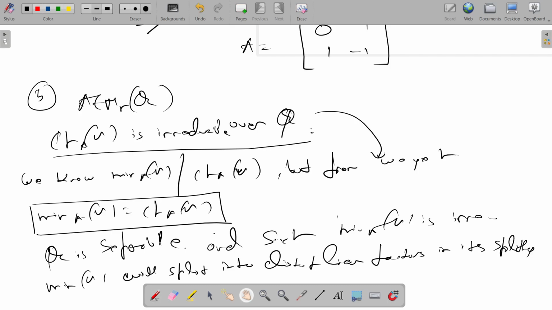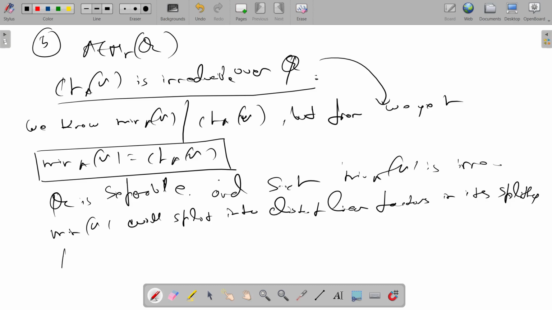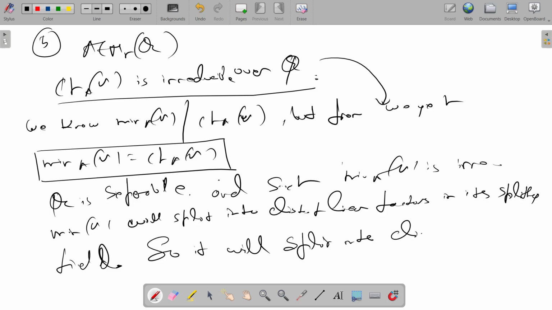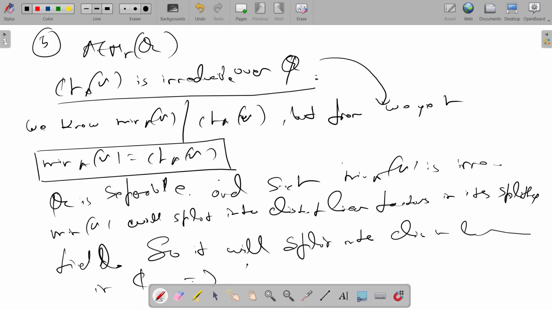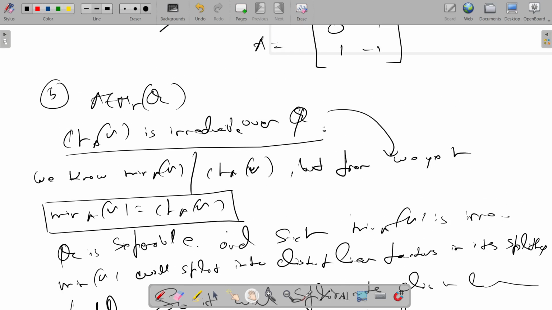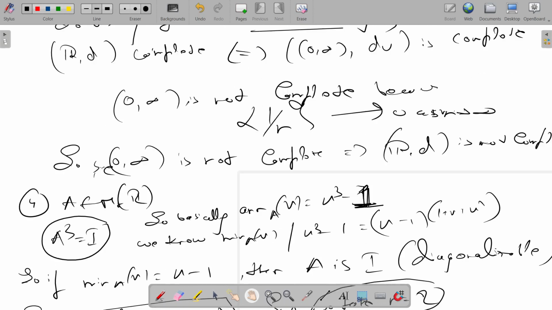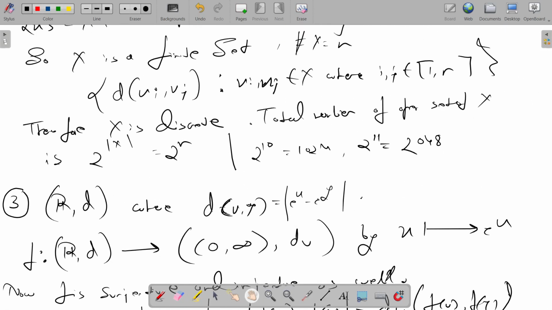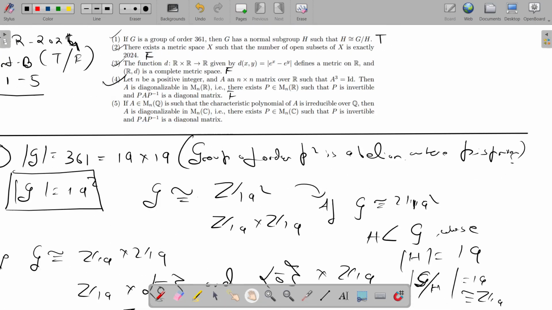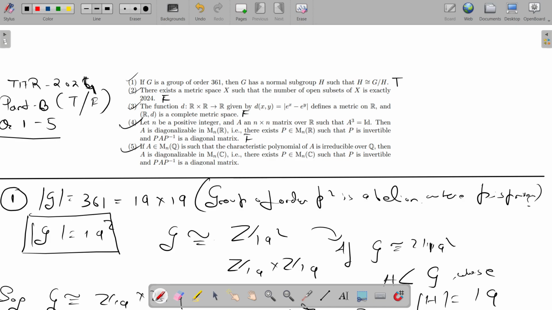So it will split into distinct linear factors in C, which implies that A is diagonalizable. So this will be true, and we have completed it.